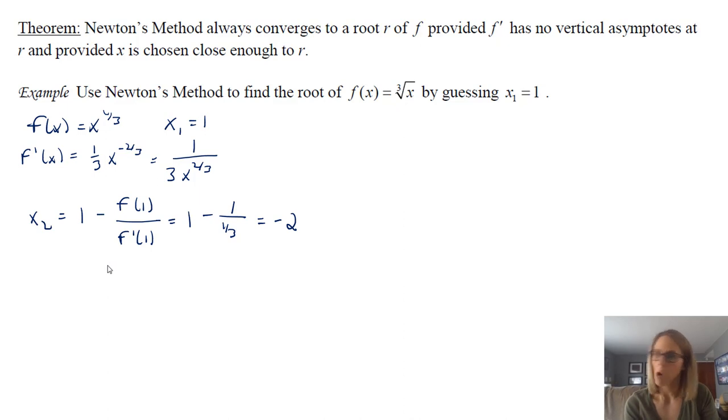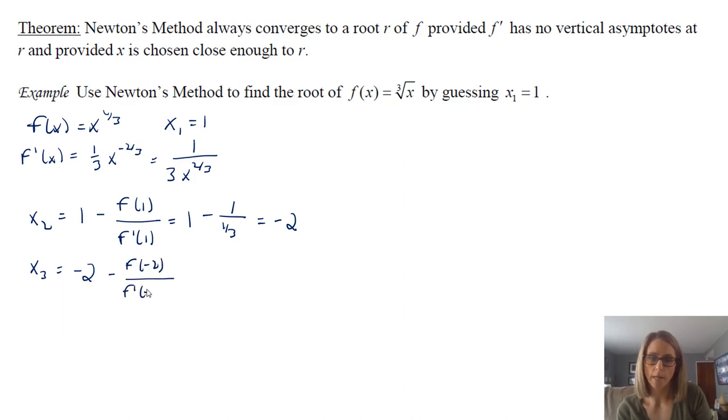All right, and then if we try to do x sub 3, we get -2 minus f of -2 over f prime of -2. So f of -2 is going to be -2 to the 1/3, and that's going to be divided by 1/3 times -2 to the -2/3.